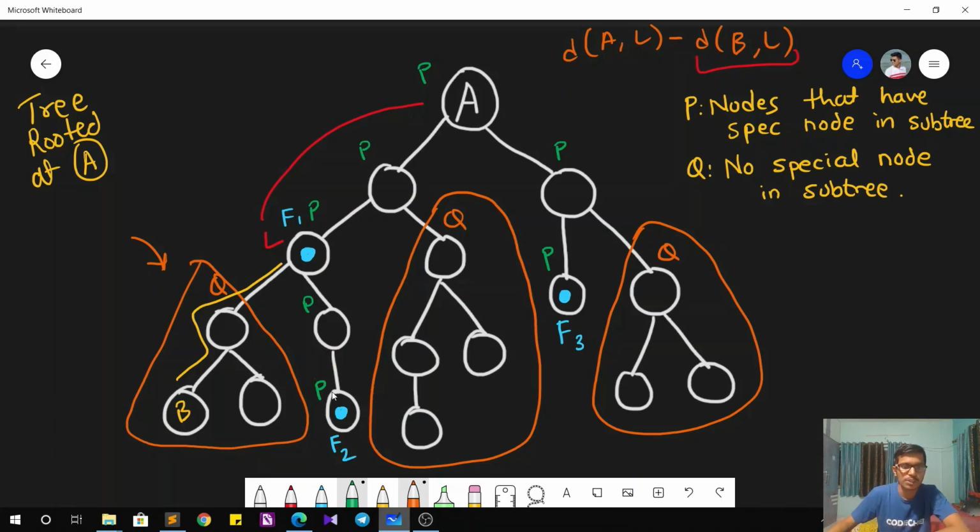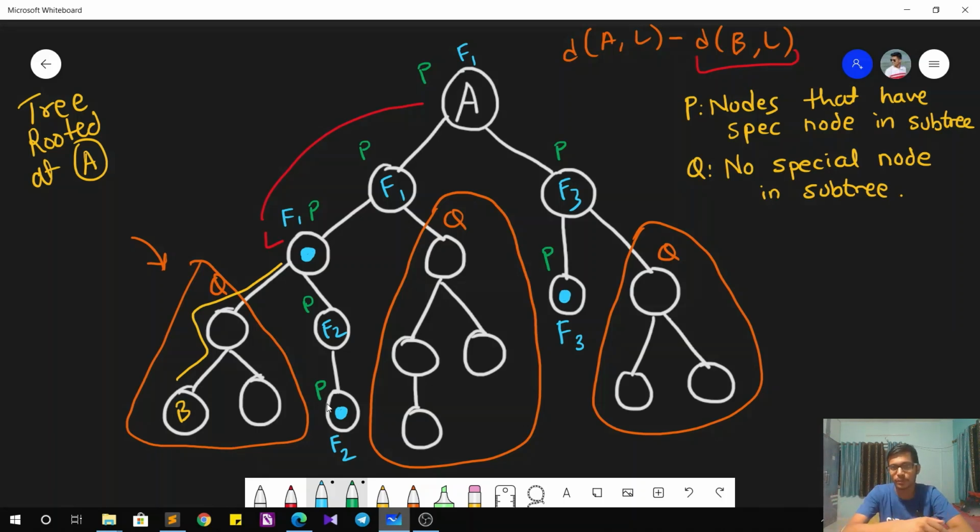For this node, the closest special node is F2, and for the node above it, while doing the DFS, the closest one will be F2 as well. Then for the above one, it will be F1, and then for this one, it will be again F1. For this one, it is F3, then for the node above, it will be again F3.